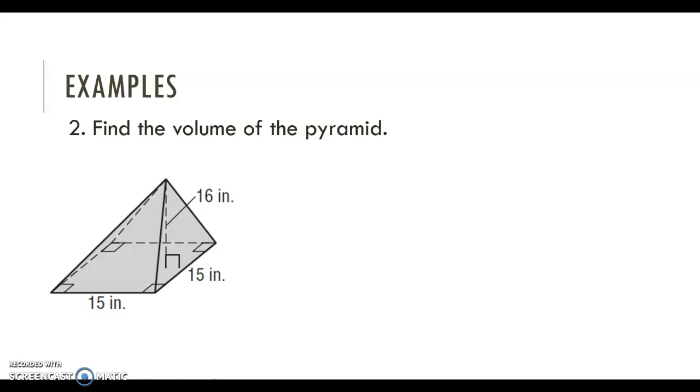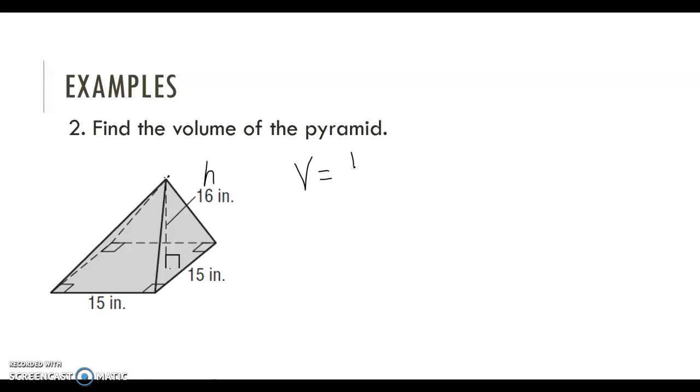Let's look at this next one. Find the volume of the pyramid again. This time the pyramid's a little slanted, but that's okay. This 16, the line is still starting at the top and not going to the side of the pyramid. So 16 is still representing the height of the pyramid, and each side of the pyramid is 15. Again, this is going to be a square pyramid.